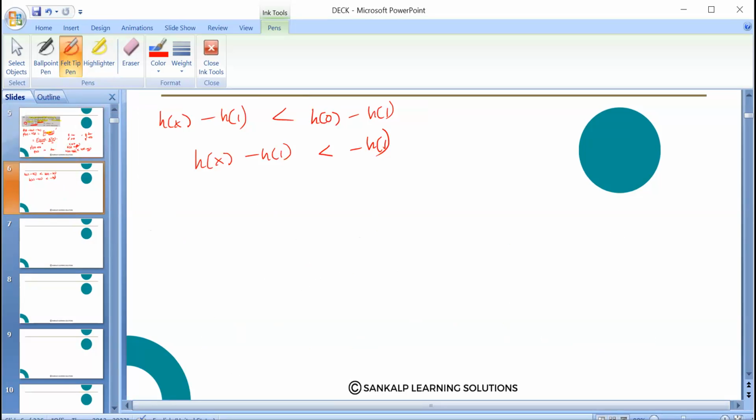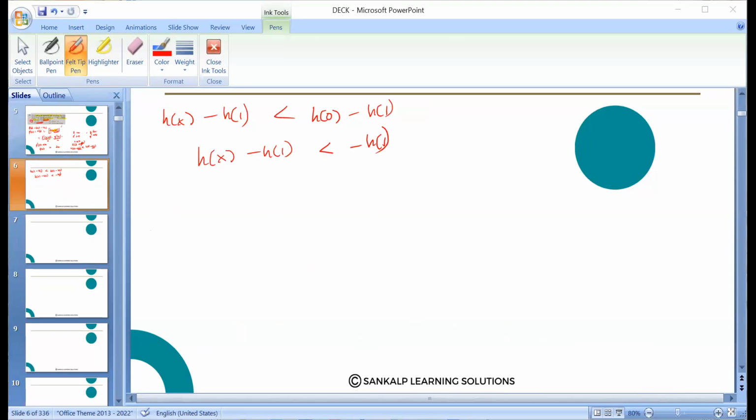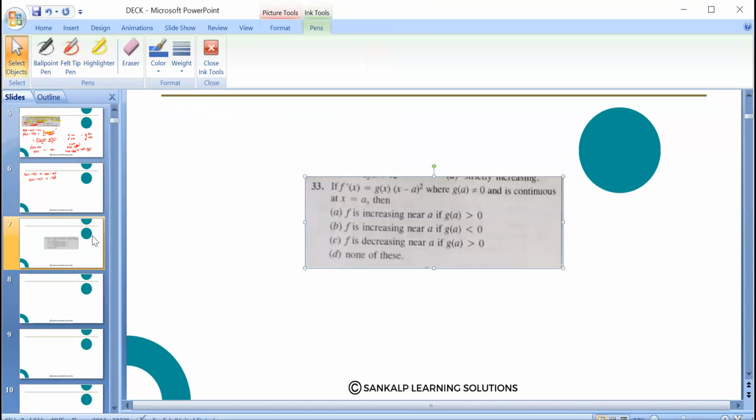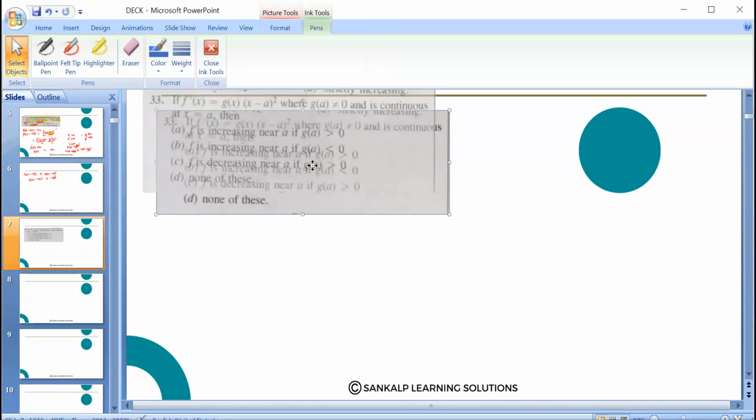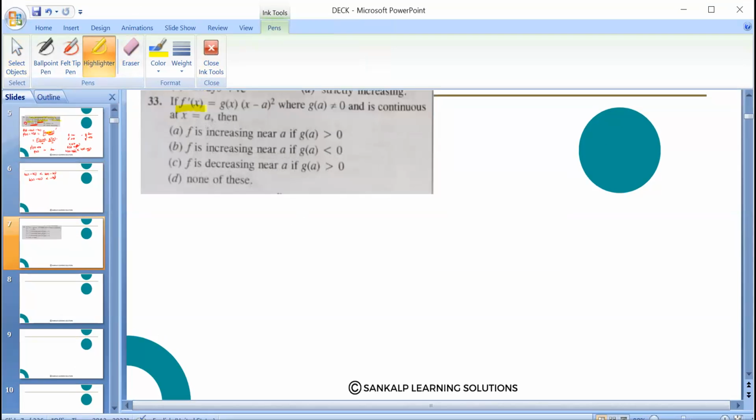Okay, next question number 33. F dash x is given as g of x into x minus a whole square. G of a is not 0 and g is continuous at x equal to a. Then which option will be correct?